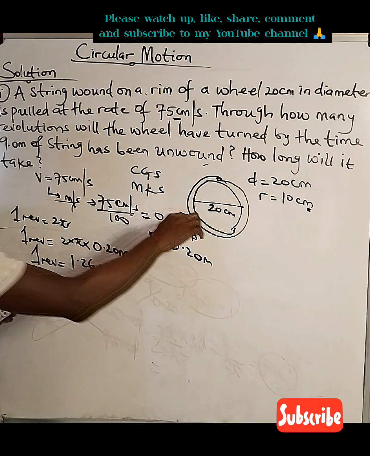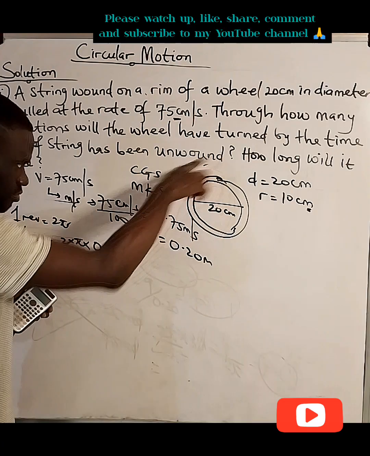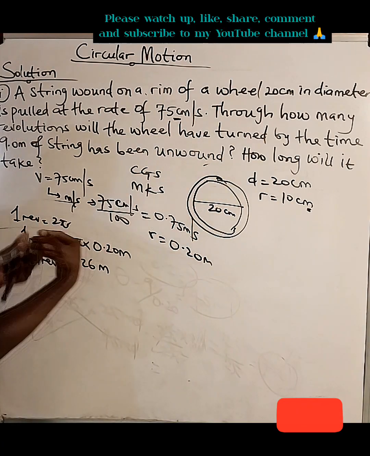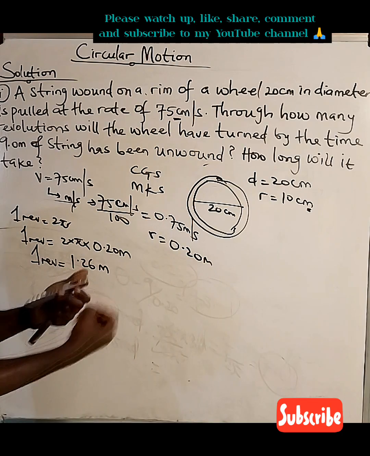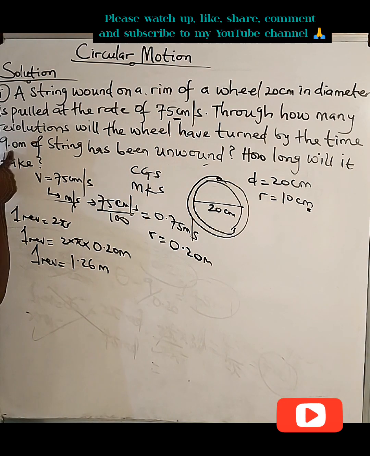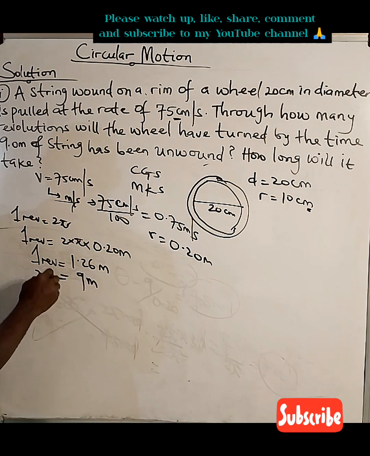Now that means each time we complete one circle of unwinding, about 1.26 meters is the amount of string that is being unwound. So how many revolutions will it take for 9 meters of string to be unwound? It's quite direct.